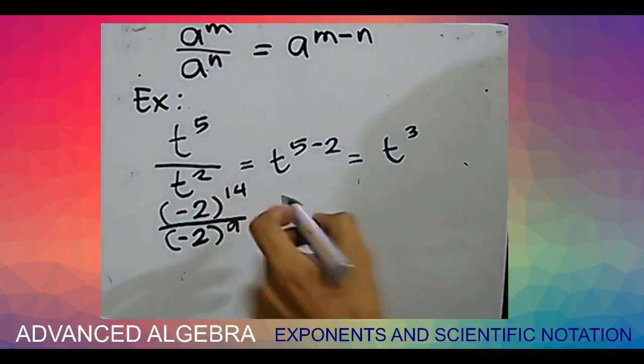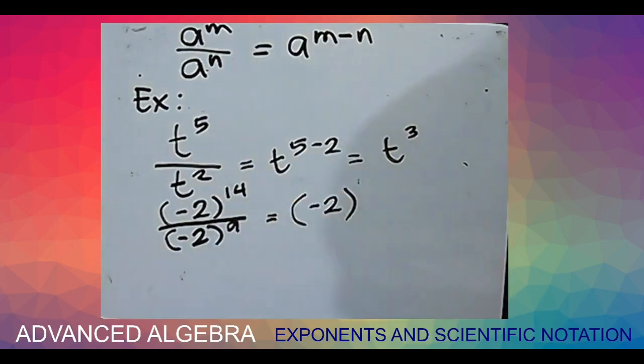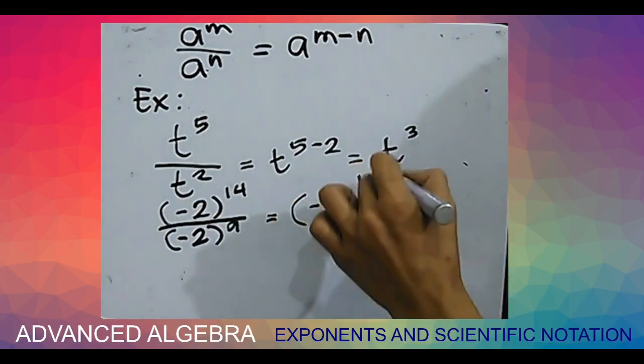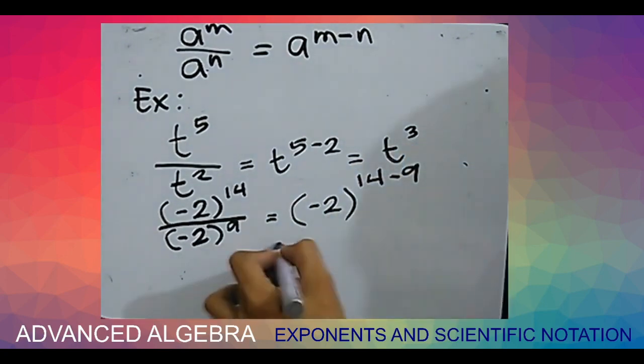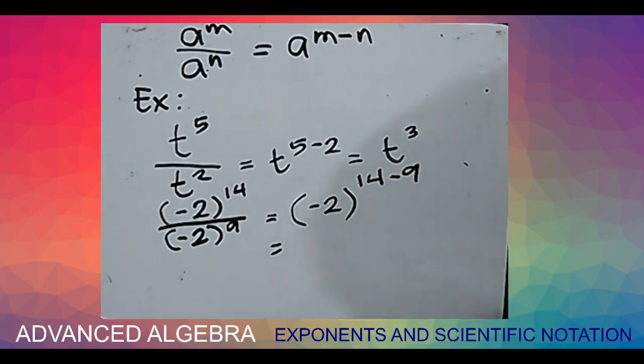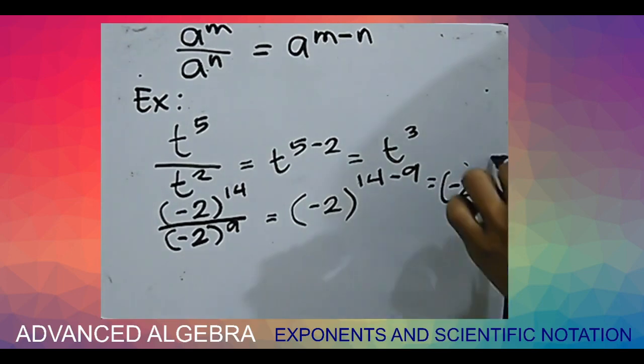Pagkapareho naman sila ng base, gagamit pa rin tayo ng parenthesis dito. So, negative 2, then 14 minus 9. Sagot niyan ay negative 2 to the 5th power.